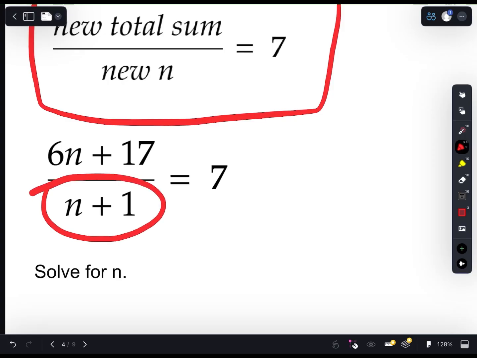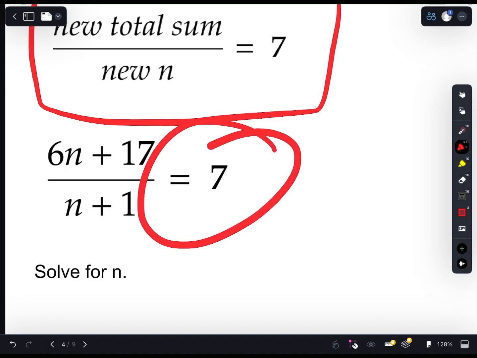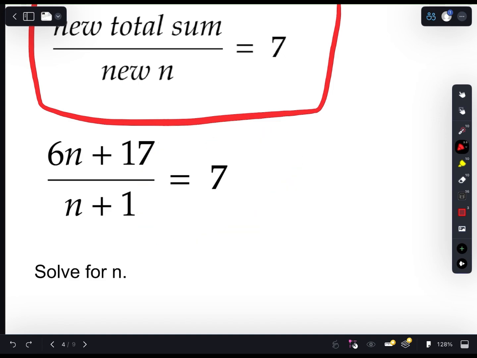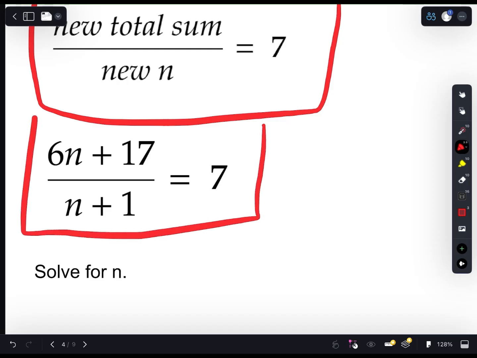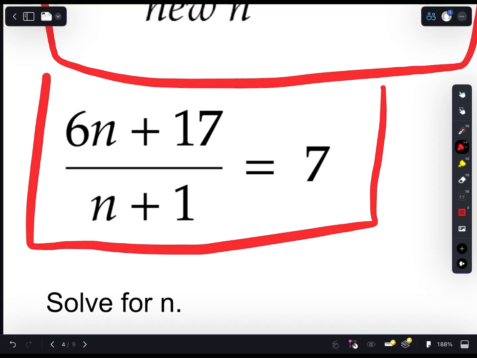And we have our number of numbers plus 1, because we added 17 to our list. And the new mean is 7. This looks like a very nice equation. Now we can solve for n, because n is the only unknown variable here, and that's what we want.